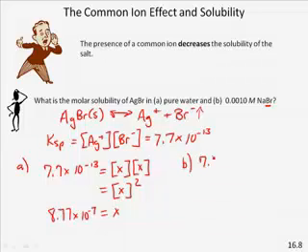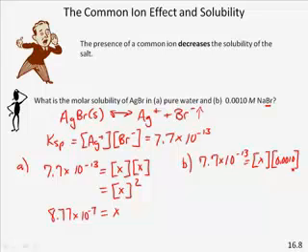So we set it up the same way, and so the silver is still going to be X, but now for the bromine, I have that concentration present, and when that's the case, I end up with 7.7 times 10 to the minus 10. So my solubility decreases just the way that Le Chatelier says that it would.